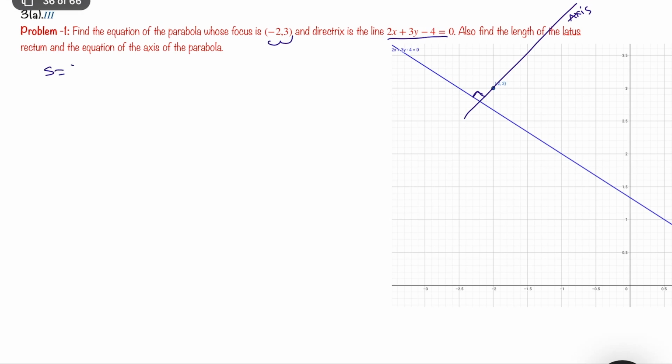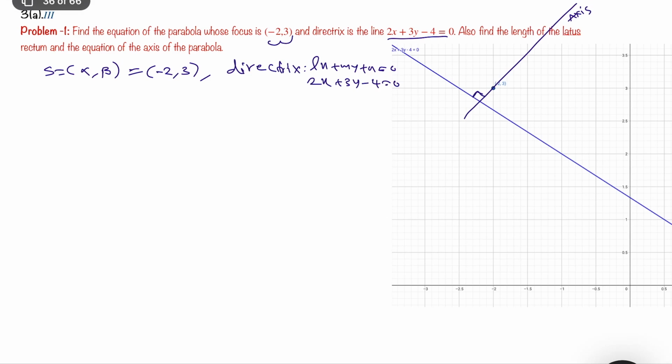Here the focus S(alpha, beta) is actually minus 2 comma 3, and the directrix Lx plus my plus n equal to 0 is actually 2x plus 3y minus 4 equal to 0.